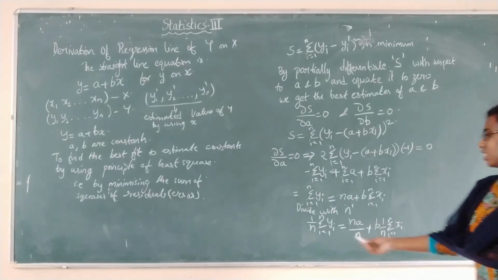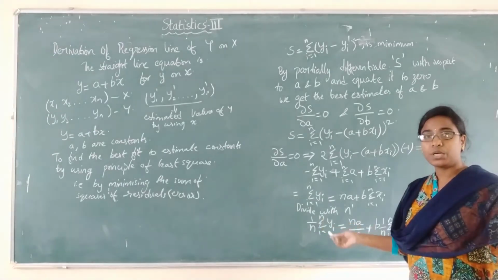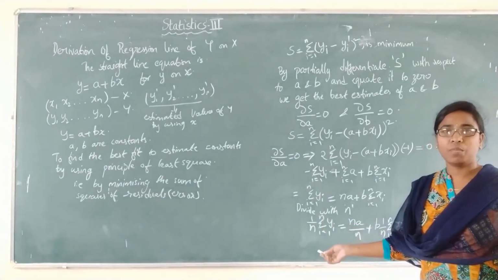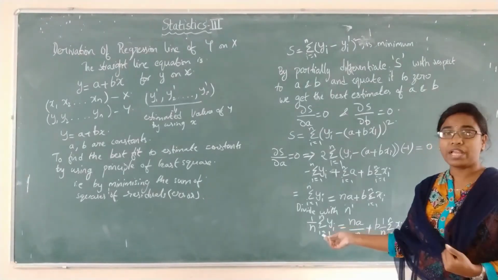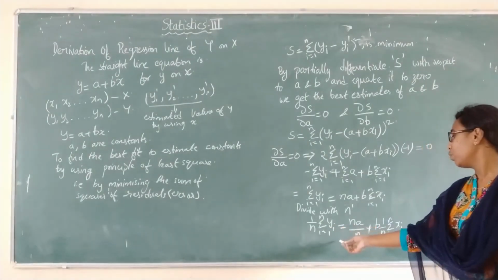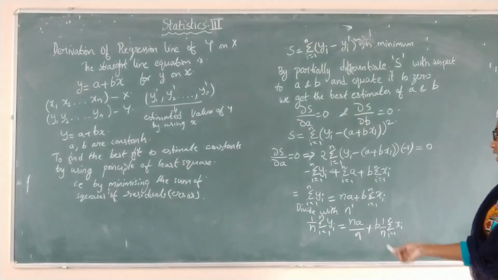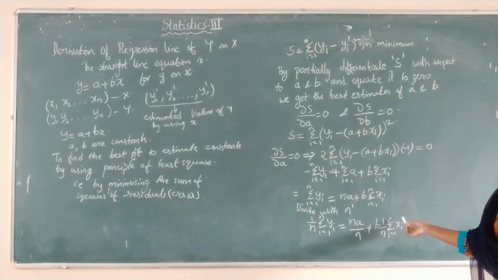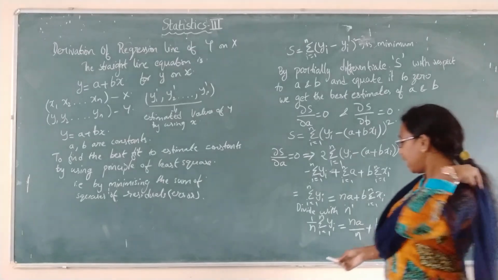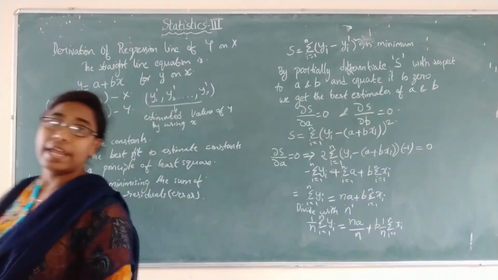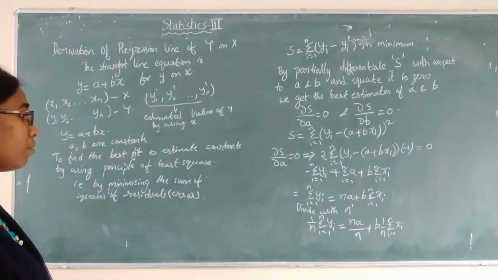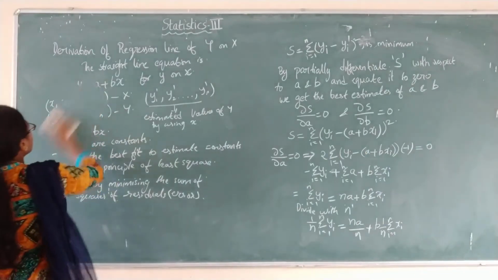What is this 1 by n summation of yi? It is the mean formula, right? The variable is y, so you get y bar equals, n and n get cancelled, a plus b into, this is also the mean formula in terms of variable x. So you will get y bar equals a plus b into x bar.